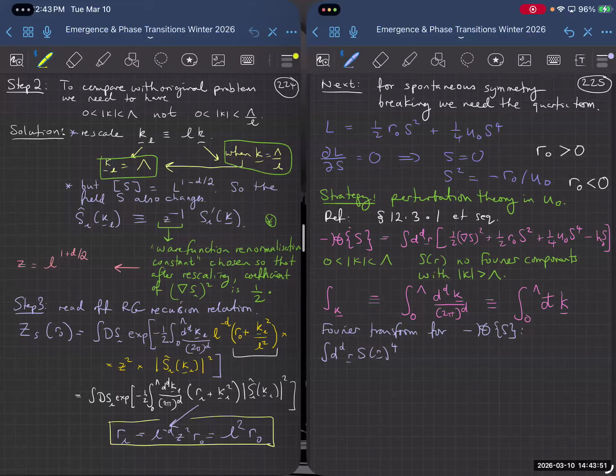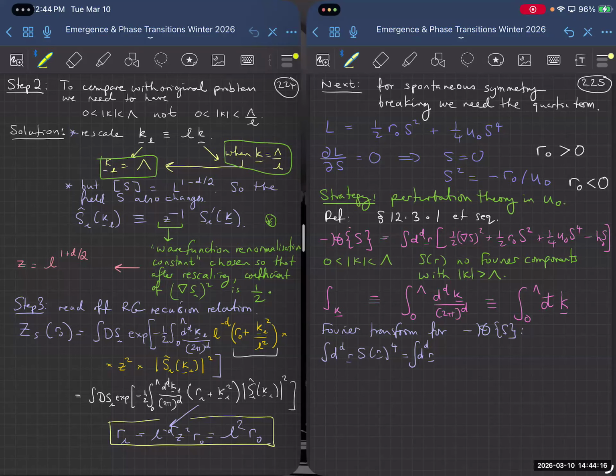So let's now write this down in Fourier transform. First of all, I've got the integral d^d r, and then for every s variable, I have a Fourier transform. So I'm going to write s(r) as a Fourier transform, e to the i k dot r, s hat of k.